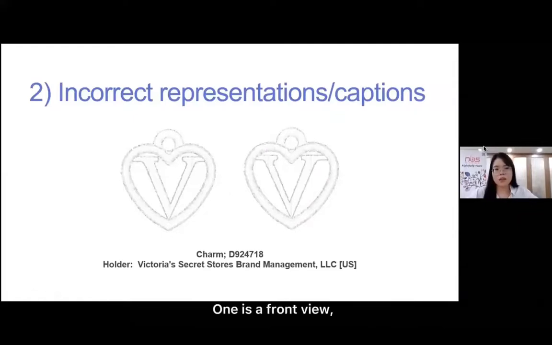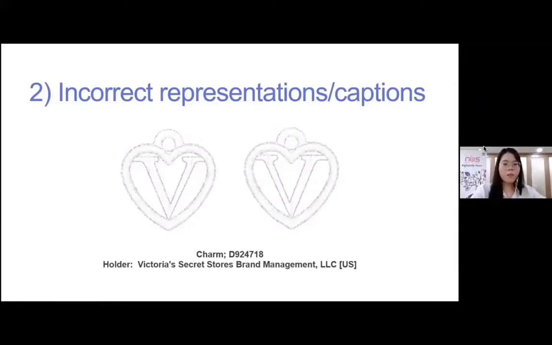One is a front view and the other is the back view, but they don't give us the perspective view, the top view, the bottom view, the left side view, and the right side view. Okay, so it doesn't inform a person skilled in the art how to create the charm.